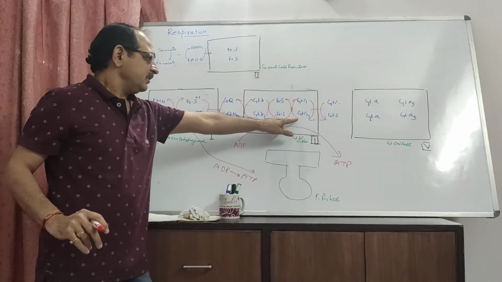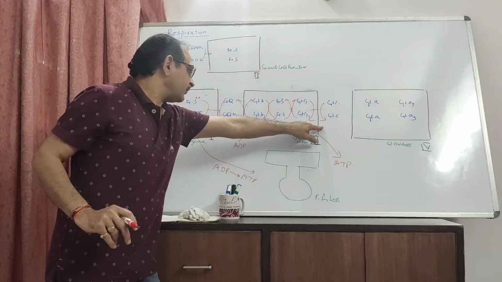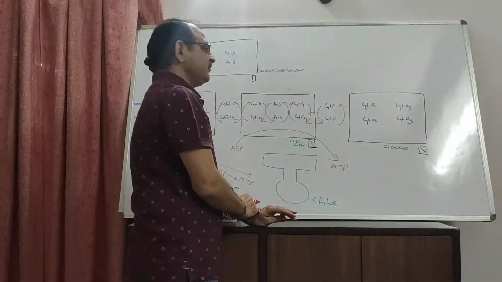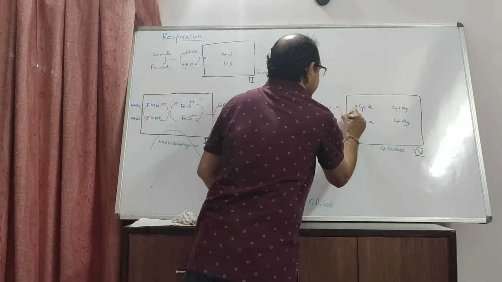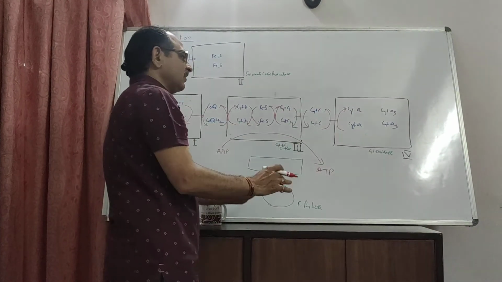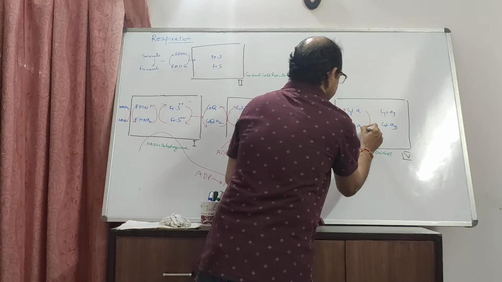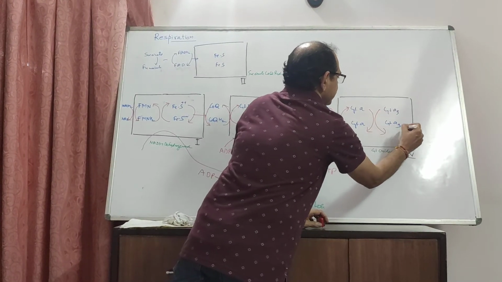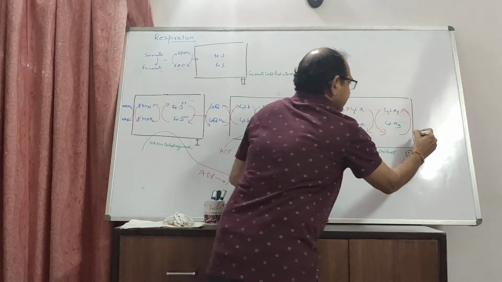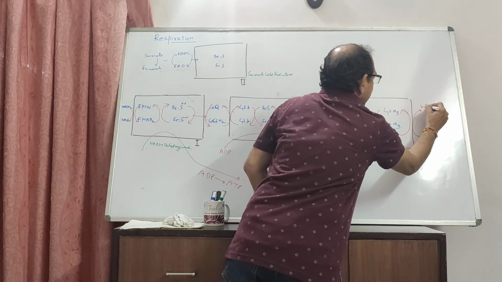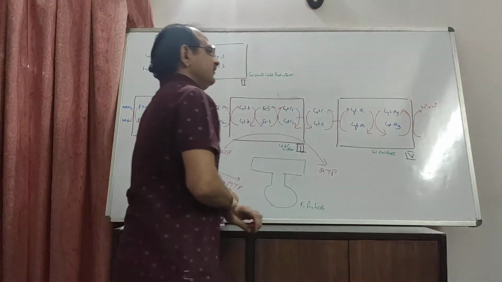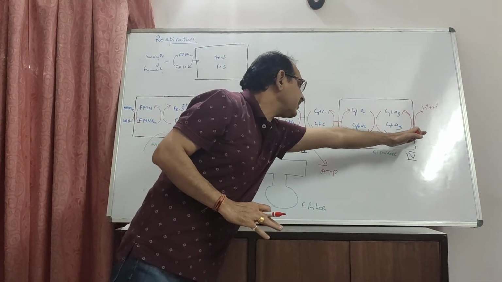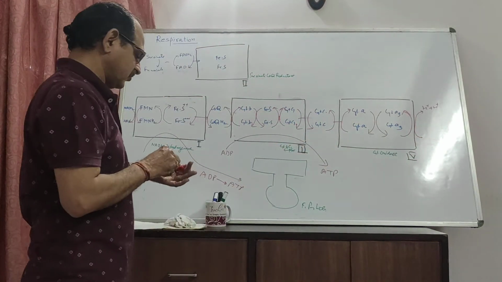Again, this is accepted by the intermediate cytochrome C here, and it will again get oxidized and reduced, like this. Cytochrome A and A3 are always formed together. Again like this, the reduction oxidation process goes on continuously, and the hydrogen ions are available just after the cytochrome oxidase complex 4th.